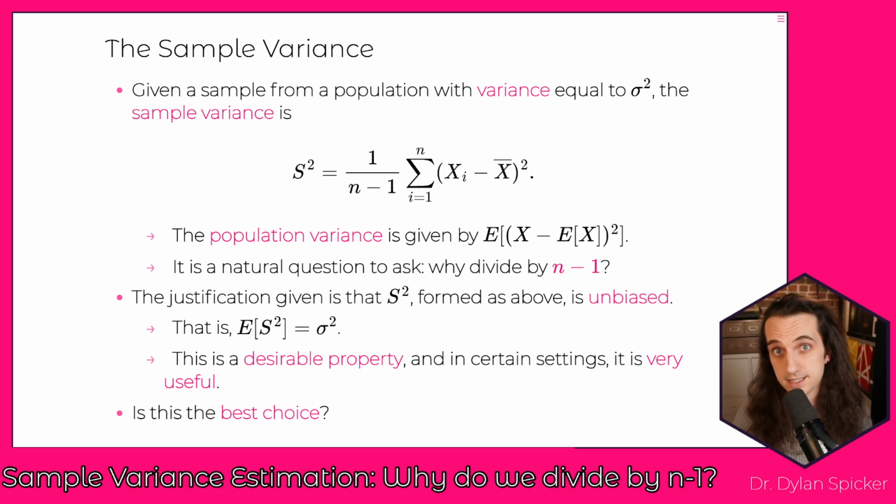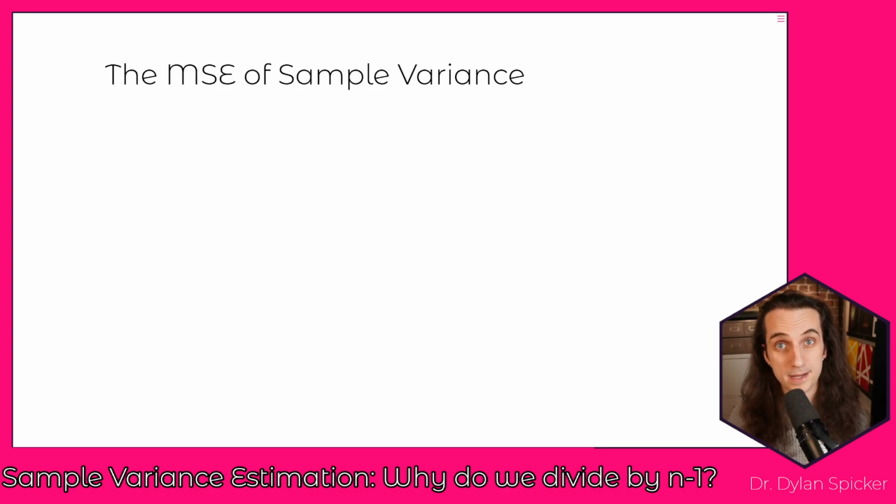When we're assessing estimators, there's the bias that we care about, but there's also the variance that we care about. The way that we take bias and variance together into account is through the MSE. So the MSE of the sample variance is something that we could take a look at. Unfortunately, the MSE is going to be a lot harder to calculate than the bias itself.